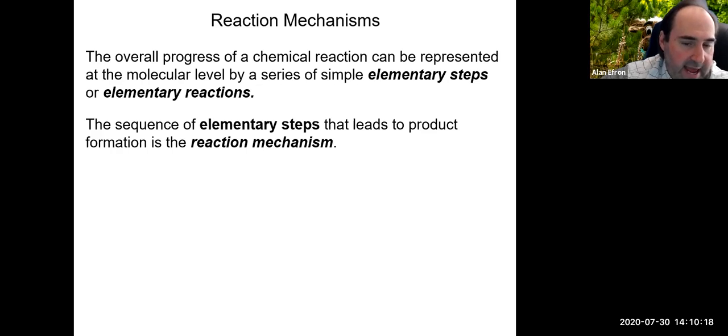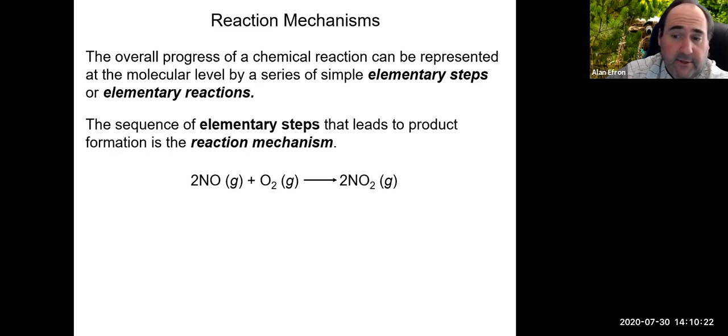So the reason we need mechanisms is that maybe these reactions really don't occur in a one-step process where we go from reactants to products, which is sometimes how we get it in our head: I see this one equation written and it must just go directly, boom, from reactants to products.